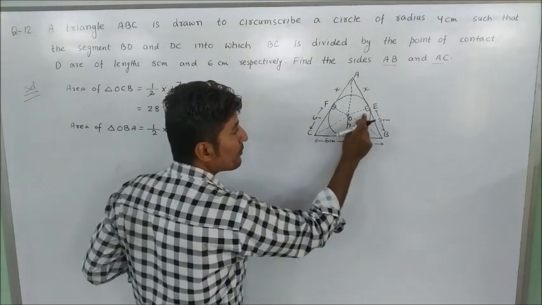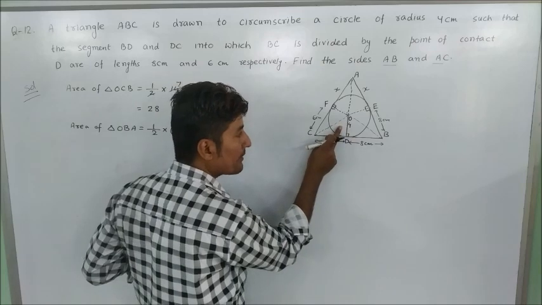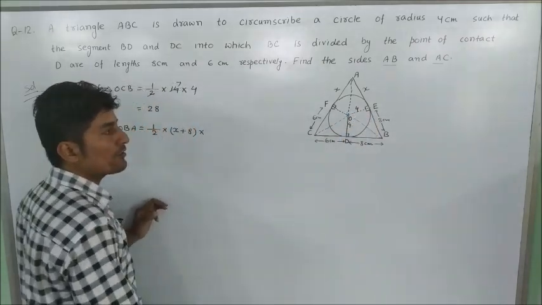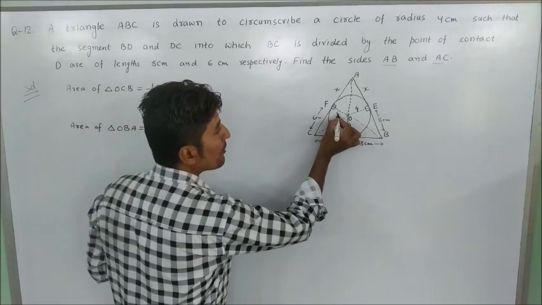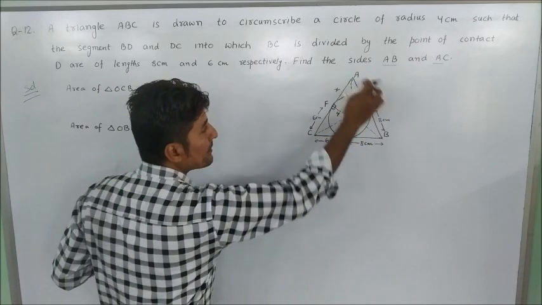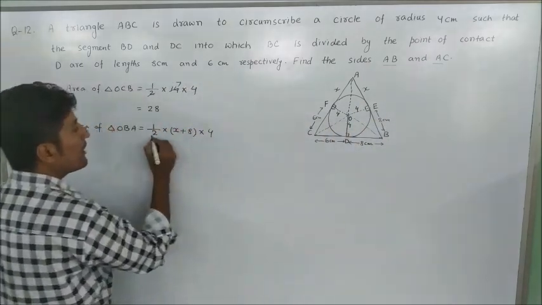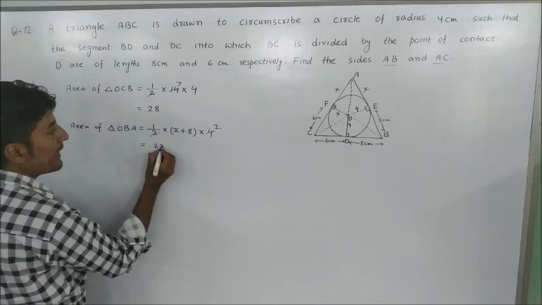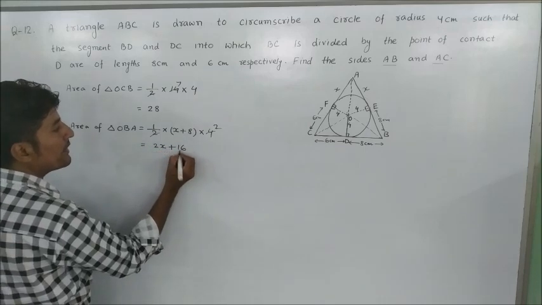This is the radius of the circle. As the radius of the circle is 4, the measurement of OF is also equal to 4 centimeter. So the corresponding height to this base will be equal to 4. So here we can write 2 and 2x plus 16.